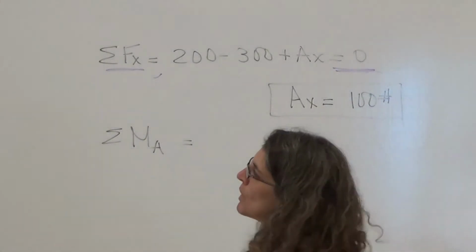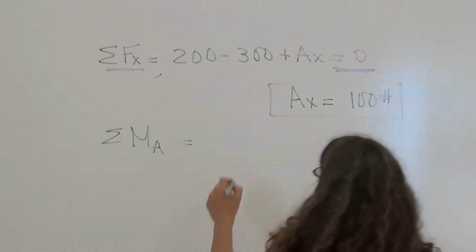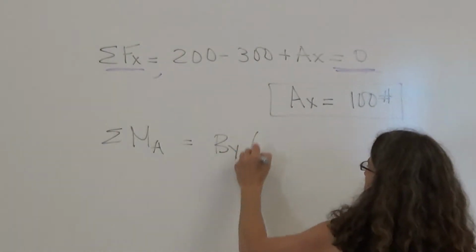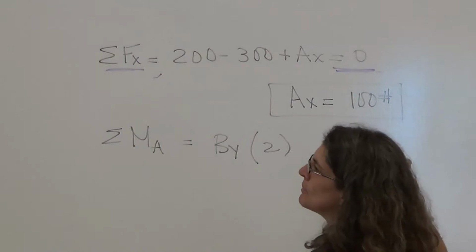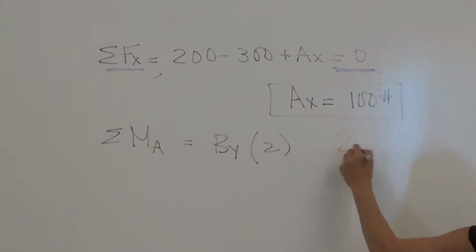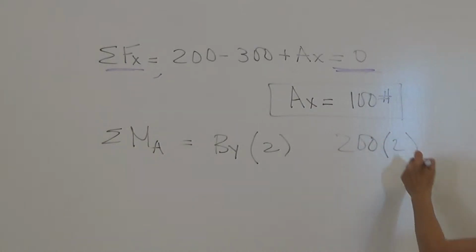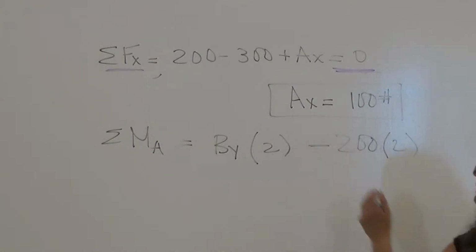So Tara Lynn, you want to walk me through this? So it's BY times 2, positive or negative? Positive. 200 times 0 times 2, positive or negative? Negative. 300 times 2, positive or negative? Negative.